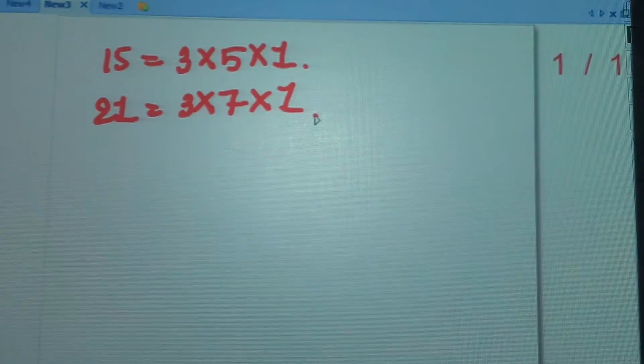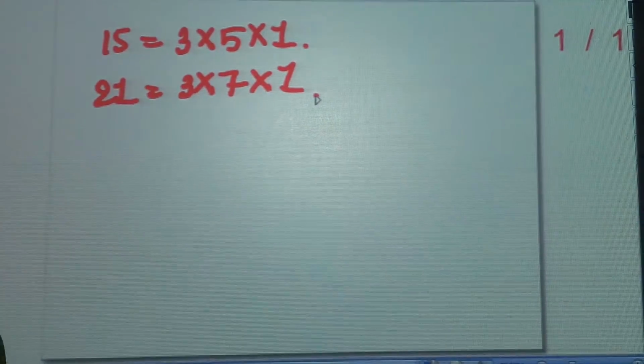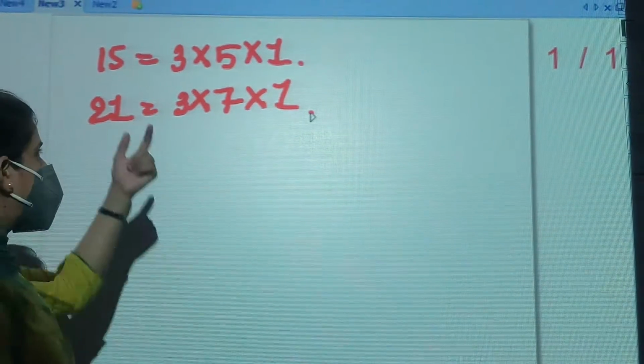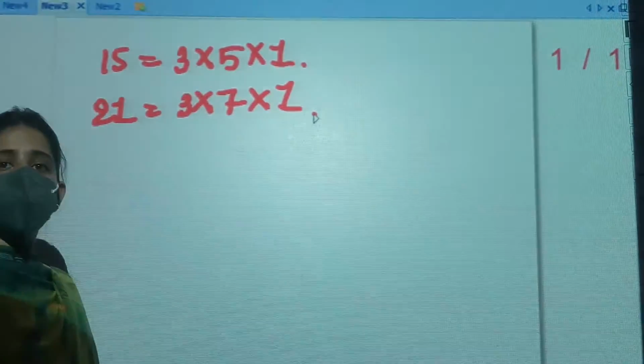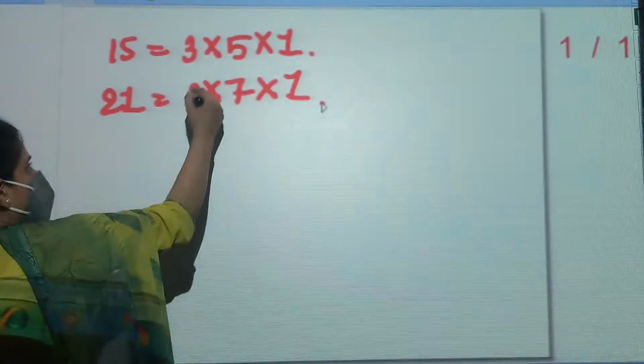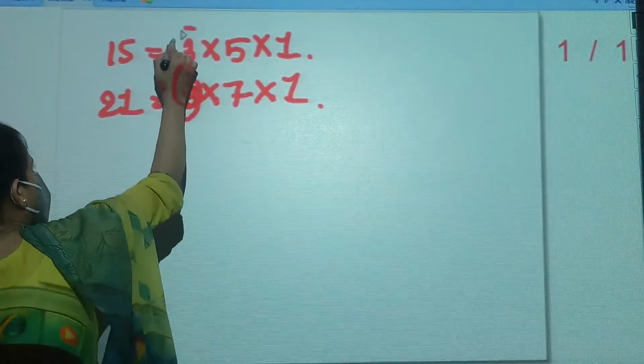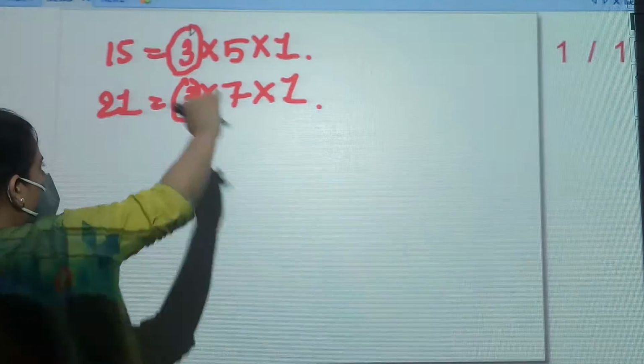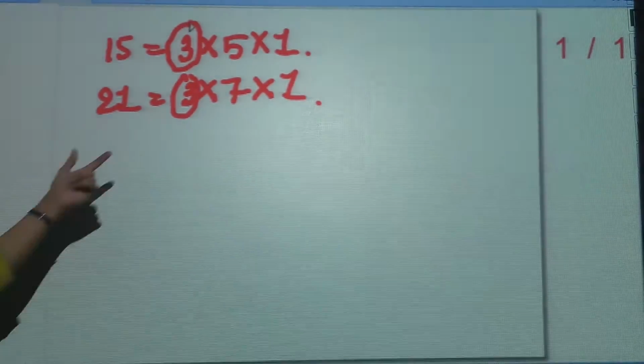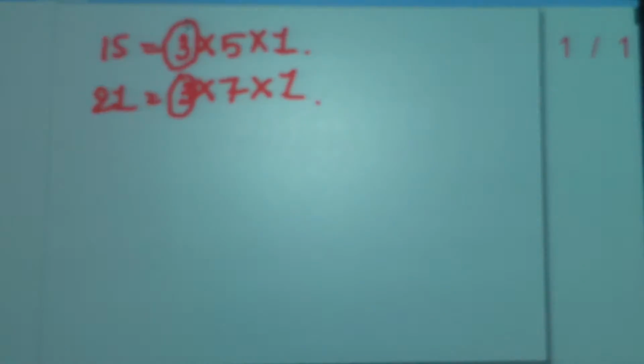Now what we will do after this is find the highest common factor, as the name denotes. These are the factors. Now find the common one. Which number is common in both? This 3 is common in 15's factors and 21's factors. Is there any other common factor in both numbers?